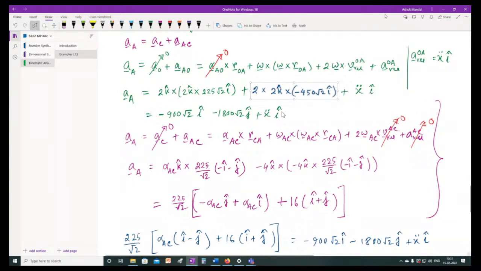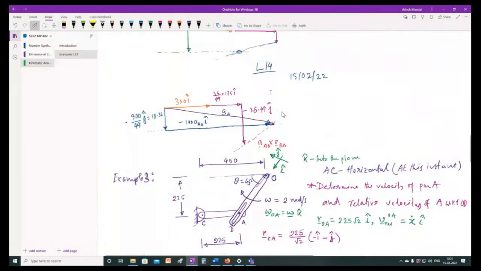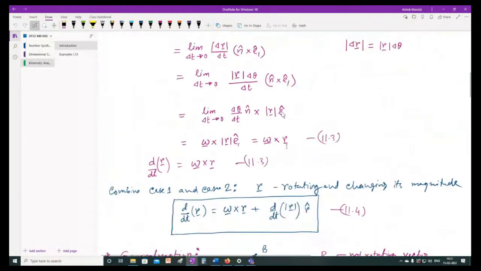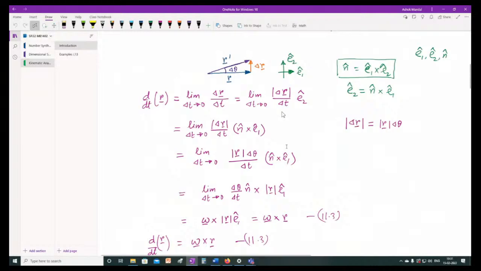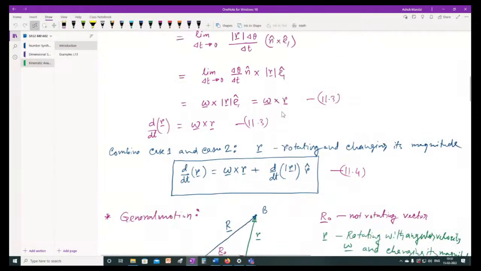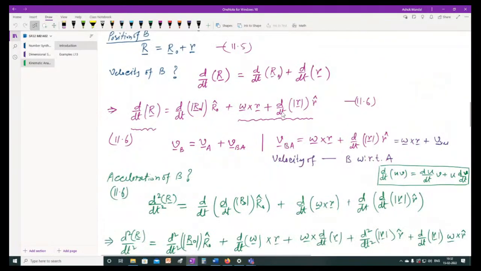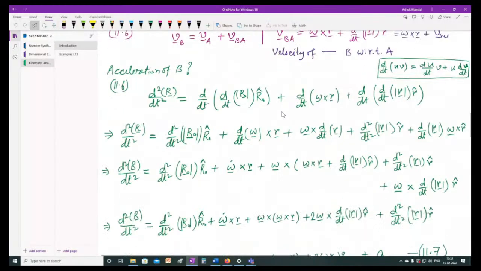Okay, so with these two examples, and we have taken three examples actually, we have started with the analytical method. Here we derive how to take the derivative of a vector, and then we show you how to get velocity and acceleration. What are the terms which are involved in velocity and acceleration?